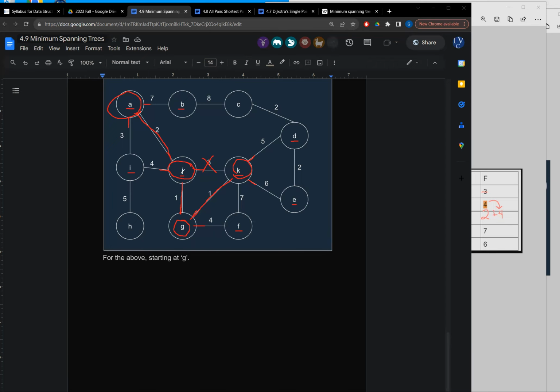All right, got 1 vote for AI. Any other votes? It's a 50-50. All right, and why are we taking AI? Why are we discarding IJ? It's smaller, so this edge is not.